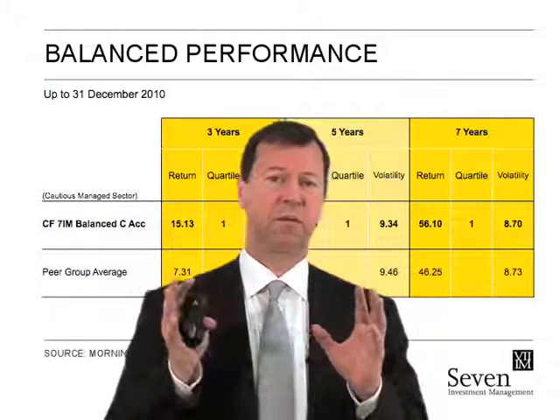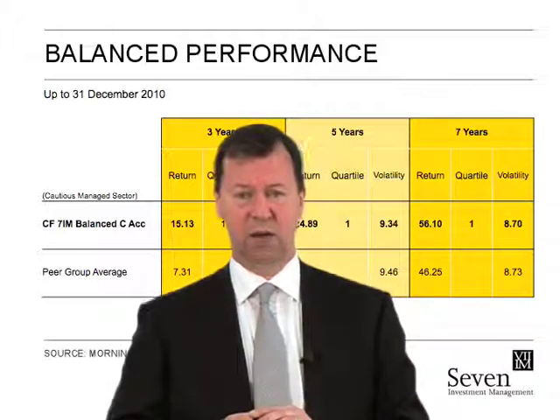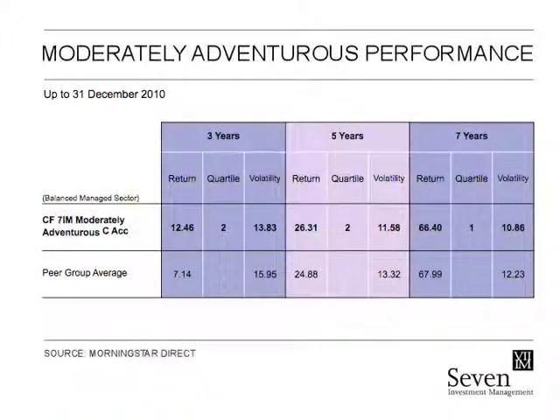For the probably more suitable explanation of what 7IM is trying to do, we'll look at the balanced managed sector, or the 7IM moderately adventurous portfolio, and you can see that we have lower volatility than the industry sector, 13.83 versus 15.95 for 3 years, 11.58 versus 13.32 for 5 years, et cetera.